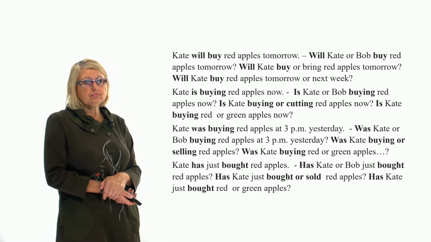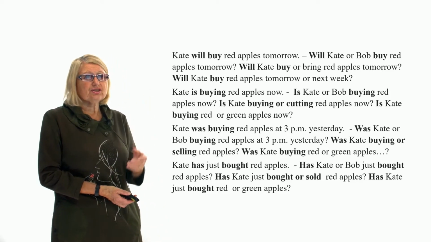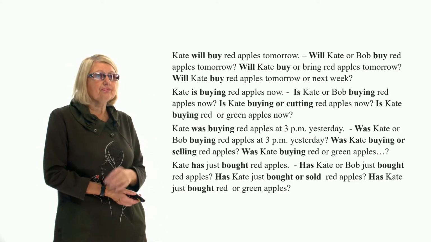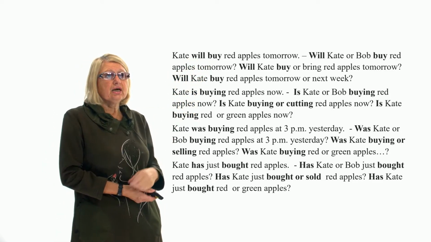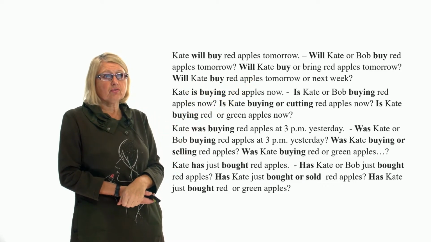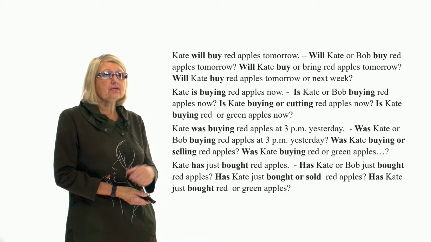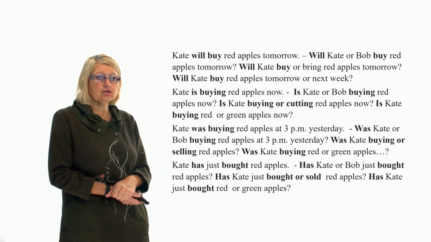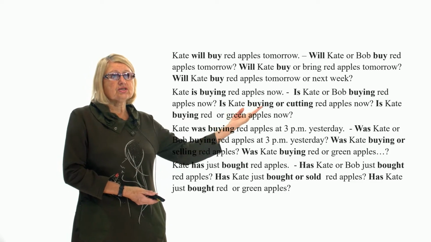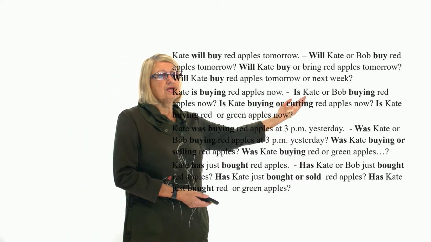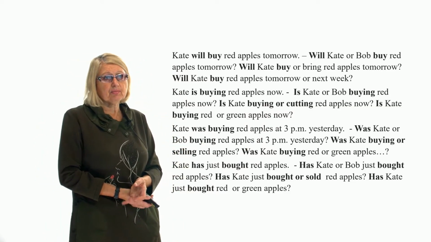Yes, we continue. And here future simple, and we start with the auxiliary verb will. Will Kate or Bob buy red apples tomorrow? And then you see the variations of alternative question. Here present continuous, and we start with is. And the forms of verbs are the same.